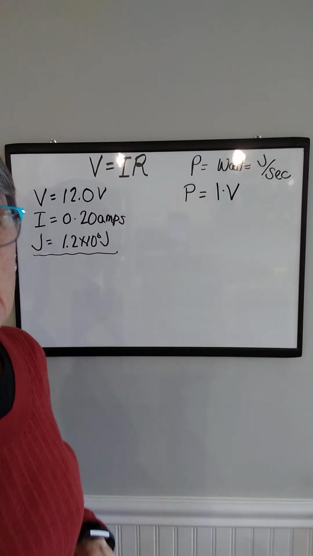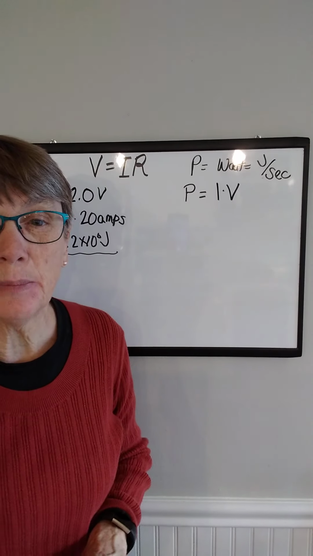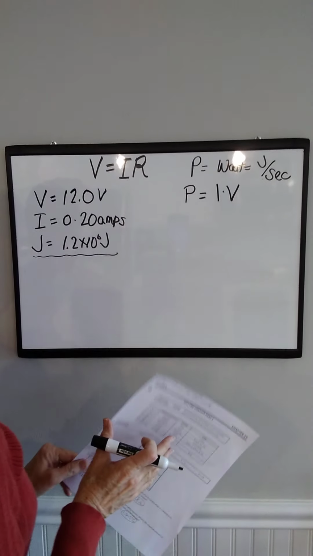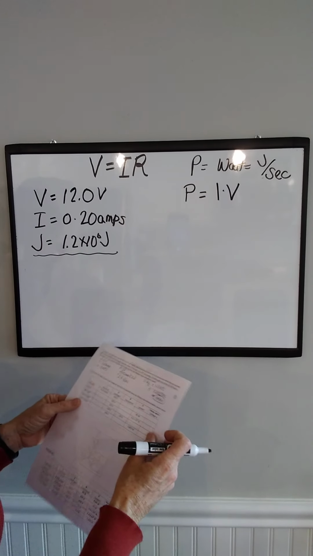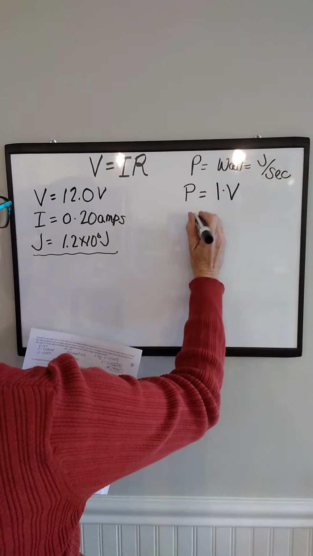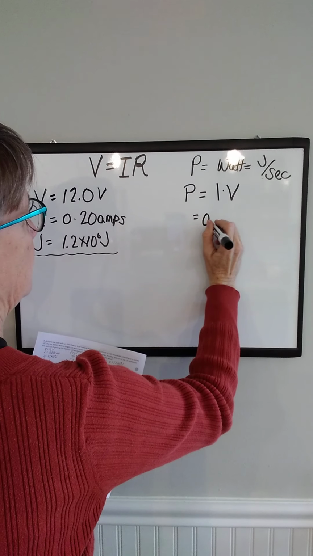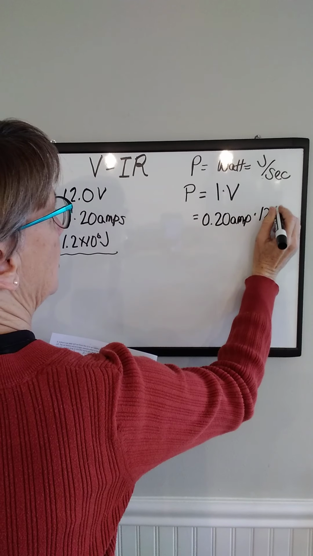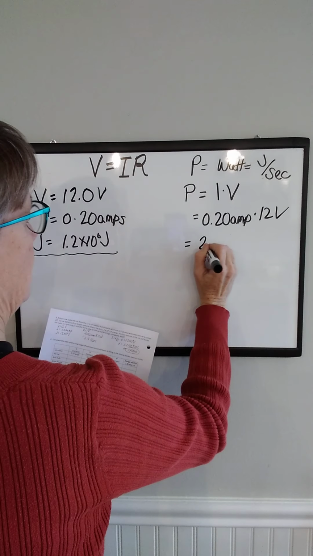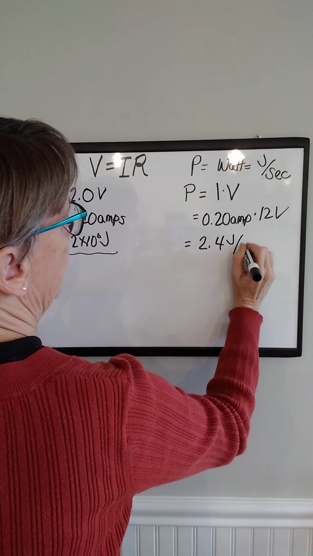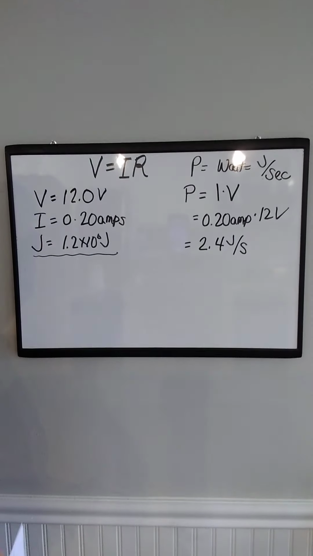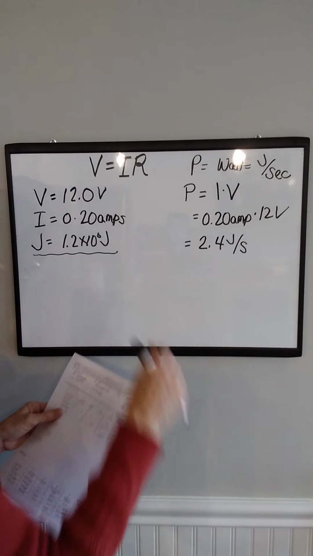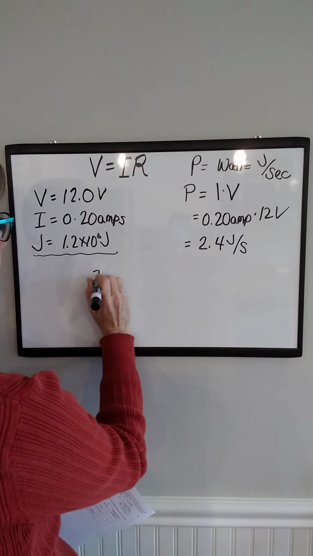All of these equations are derived in the textbook, and it goes through how they're all derived. So we're going to figure out the power. The car radio can pull 2.4 joules per second. We know the total amount of joules, so we're just going to figure out that time.